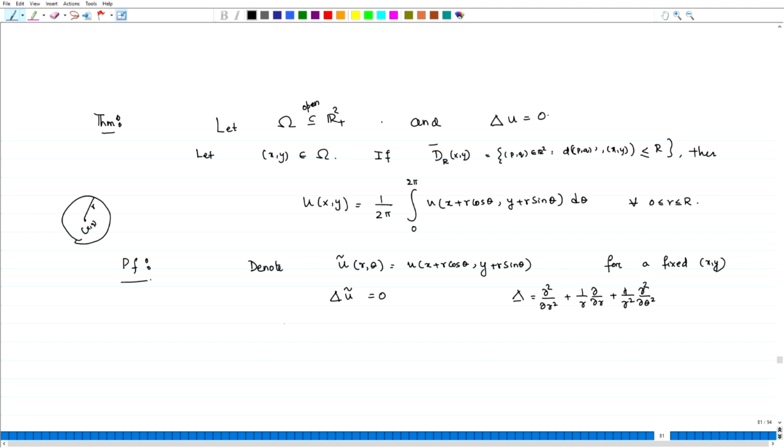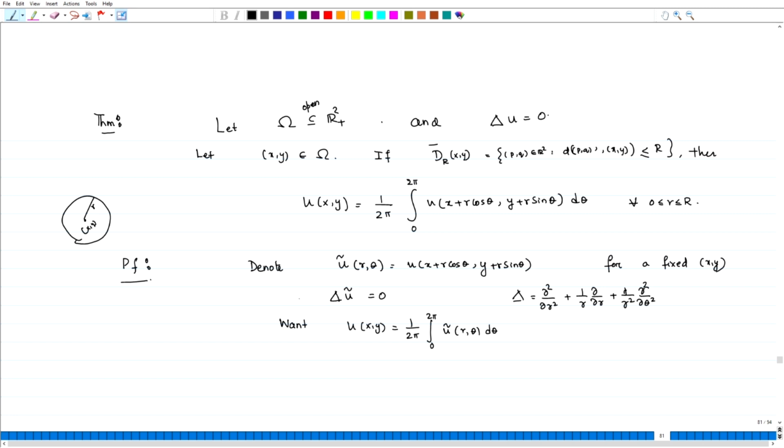This we know. So, what do we want to prove? We want u of x comma y equal to 1 by 2 pi integral 0 to 2 pi of u tilde of r, theta d theta. We remember that u tilde depends on x and y, but we are fixing one point x, y, so we can afford not to mention it in the symbol.